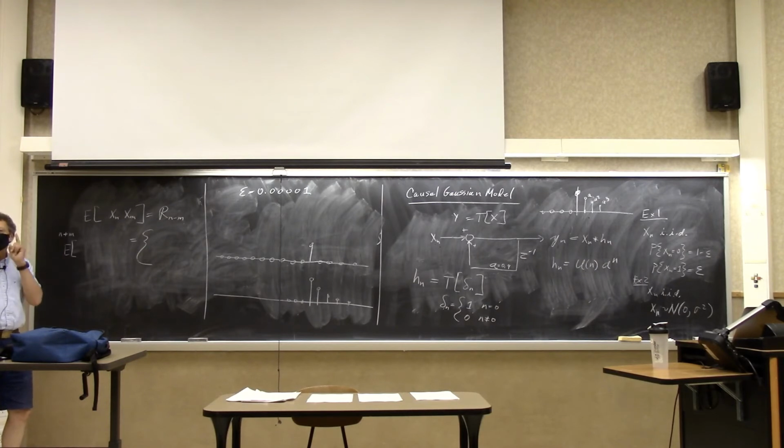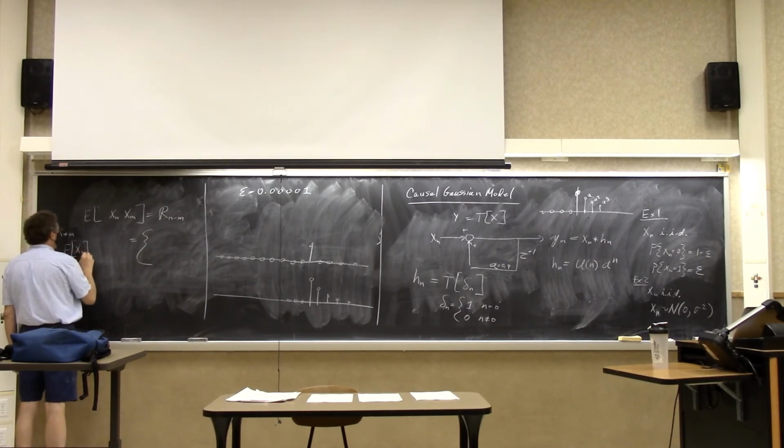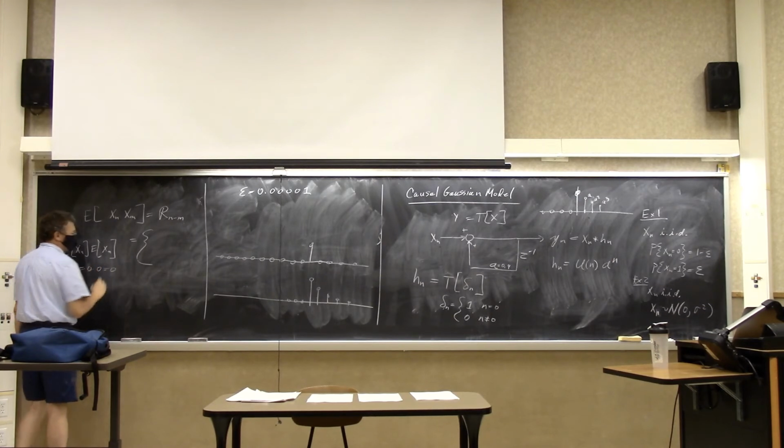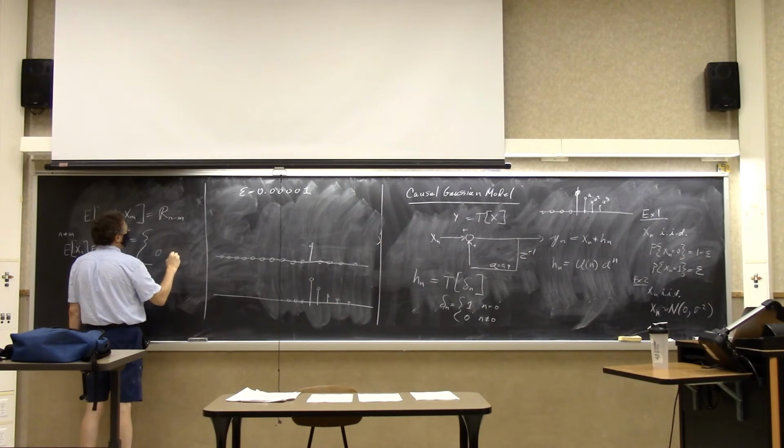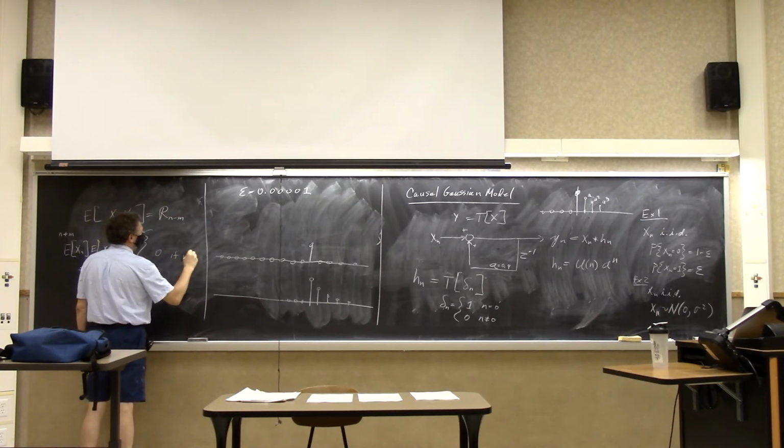Not always true, but it's true when they're independent, okay? So I get E[X_n] times E[X_m]. But these are both 0, so it's 0 times 0, which is equal to 0, okay? So this is going to be equal to 0 if n is not equal to m.